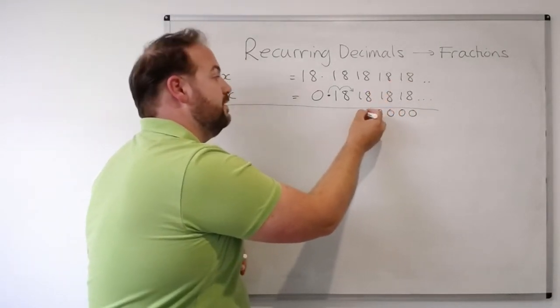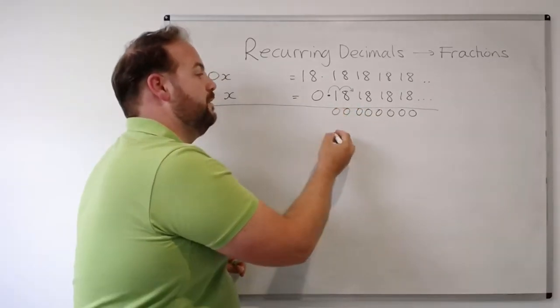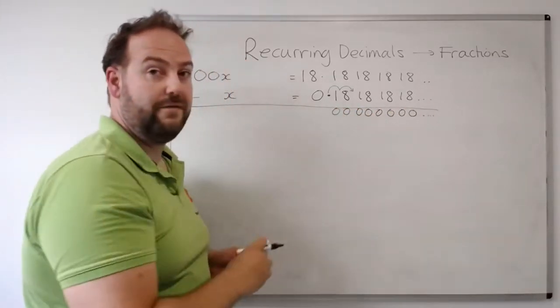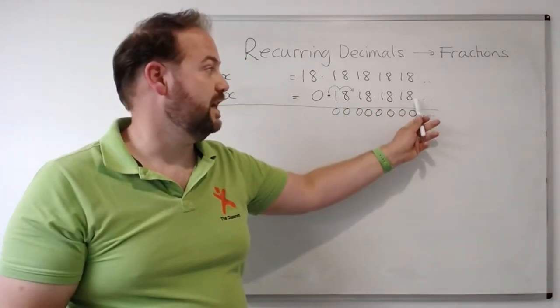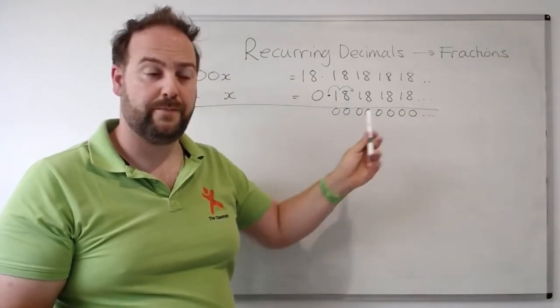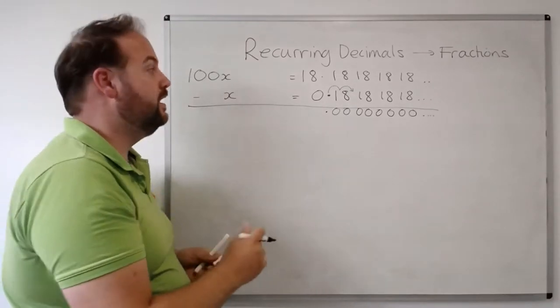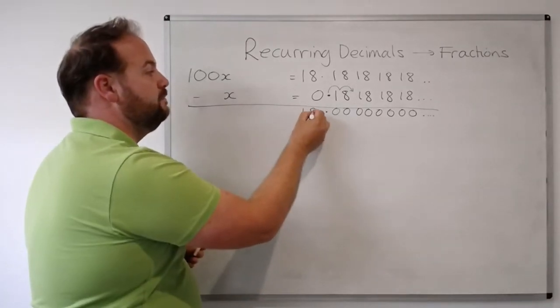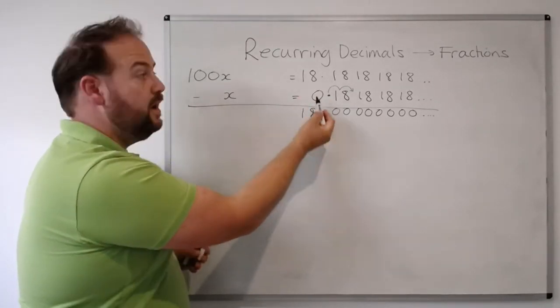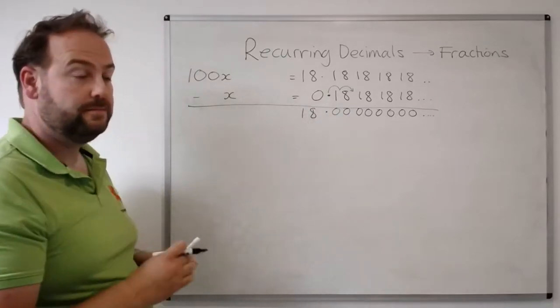In fact, they would be zeros carried on forever. What we have before the decimal point would be 18. 8 take away 0 is 8. 1 take away nothing is 1.